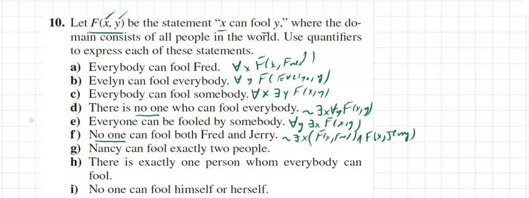All right. Nancy can fool exactly two people, so you're going to choose exactly two. There exists one person and another person such that Nancy can fool the first person and fool the second person. But now you want to make sure that they're different.